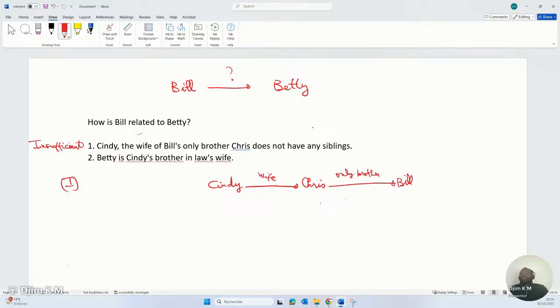Okay, so the only information it tells us here is that Cindy is a sister-in-law. The second condition tells us that Betty is Cindy's brother-in-law's wife.